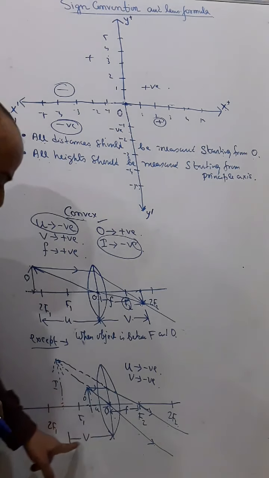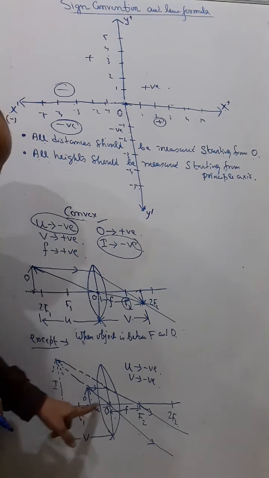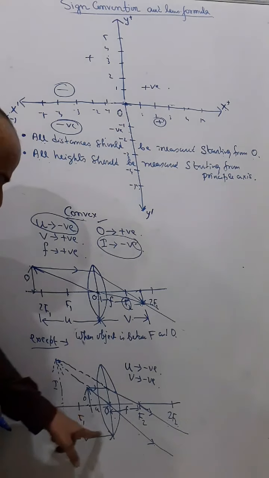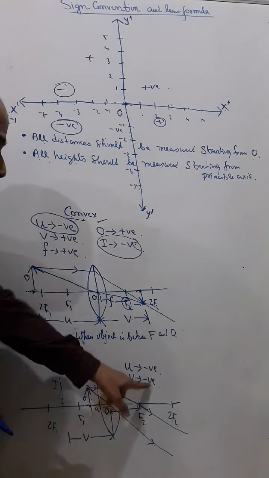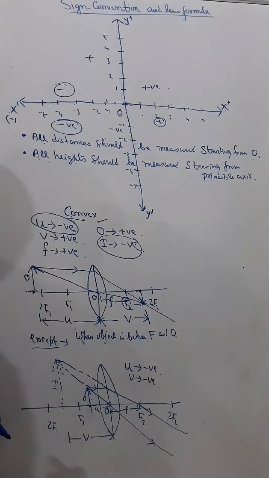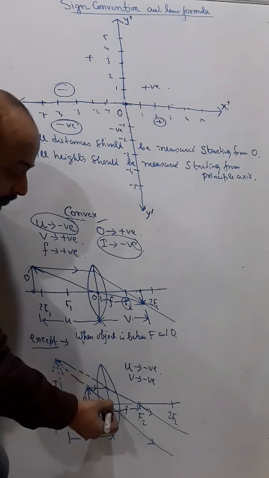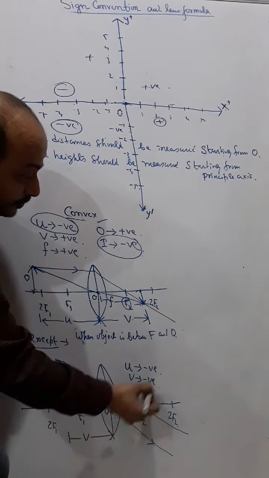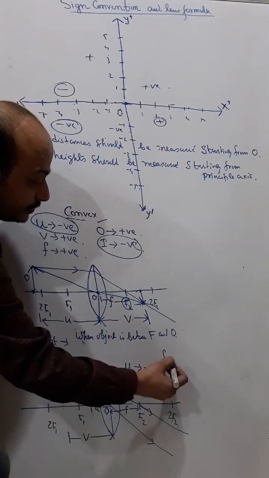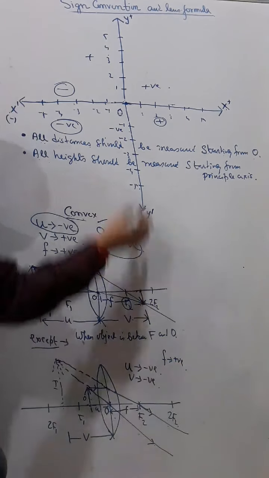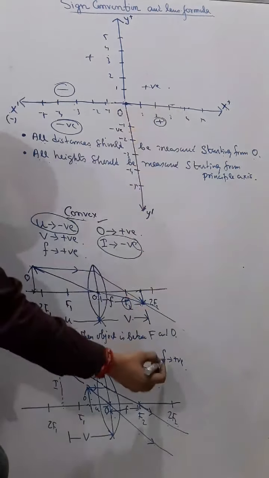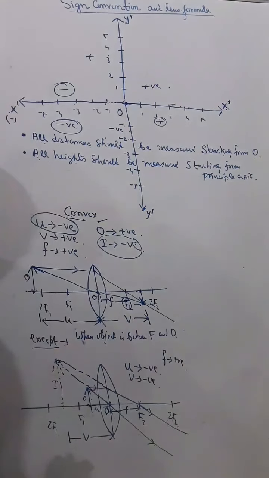Okay, so this distance is the image distance from O to the image, that is we say V, so that is negative. Okay, now focal length from O to this side, so focal length is positive. Okay, focal length from O to that side, so focal length is positive. Now what is left?